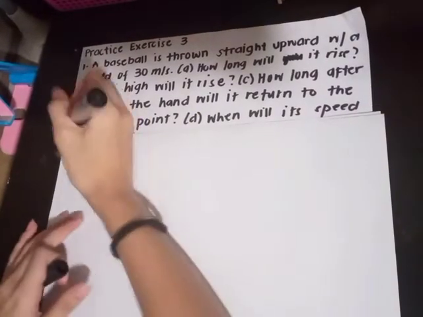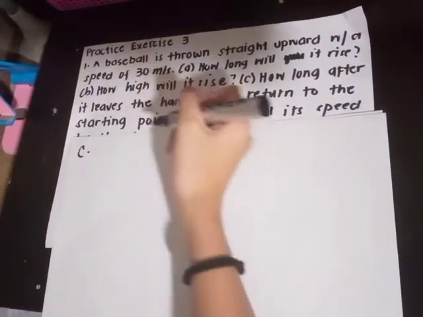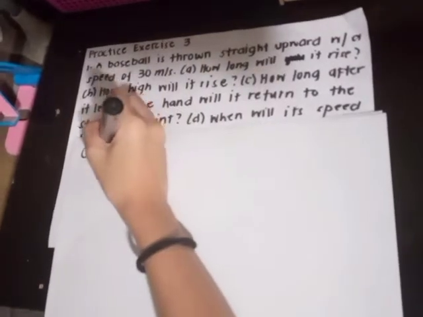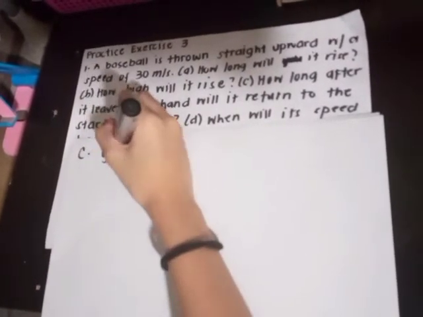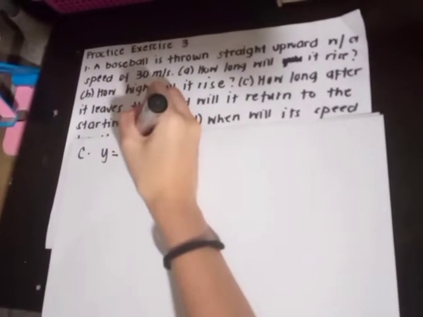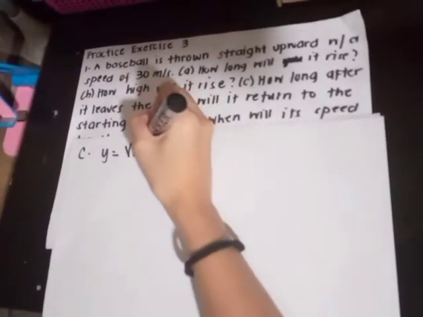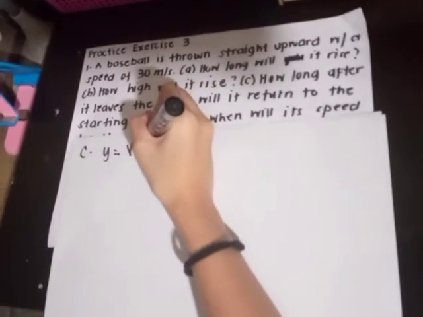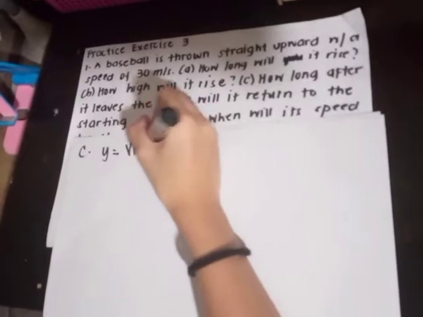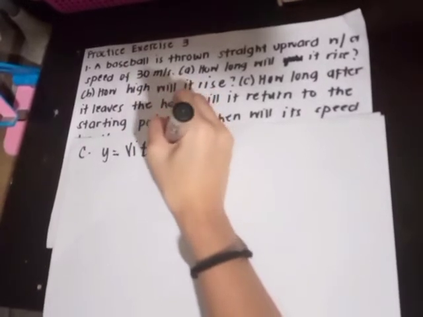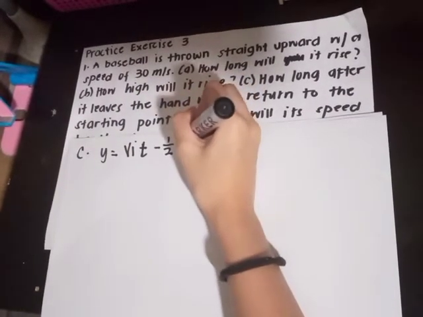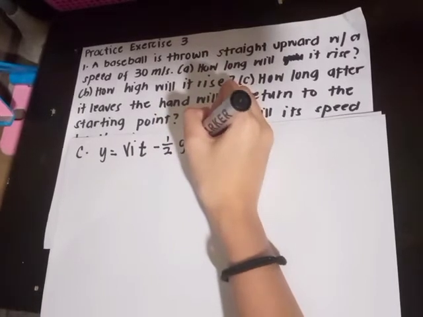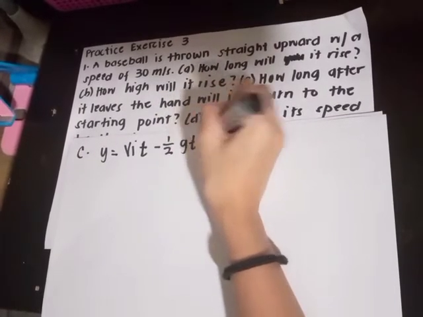So for letter C, we have the formula of y equals initial velocity and time minus 1/2 of the product of gravity times time squared.